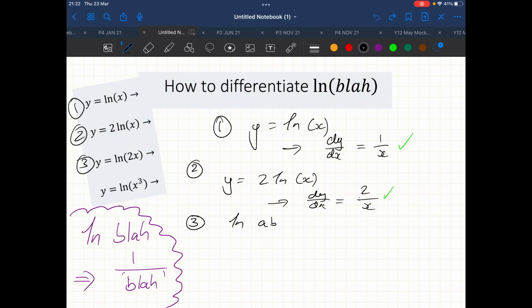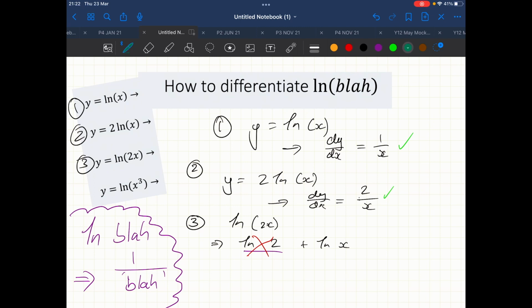So if I said the natural log of 2x, I'm going to rewrite it before I differentiate. That's the same as the natural log of 2 plus the natural log of x. Well, the natural log of 2 is actually just a number, isn't it? And what happens when we differentiate numbers? They differentiate away, they disappear.